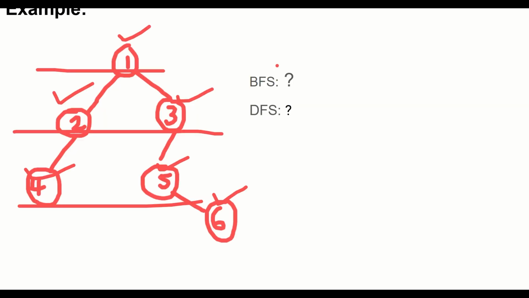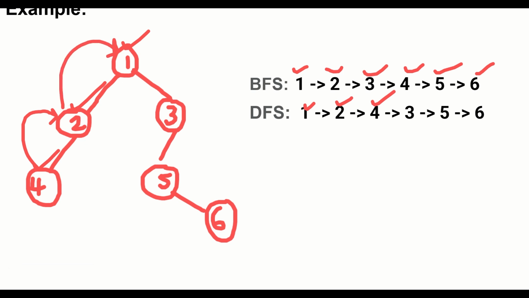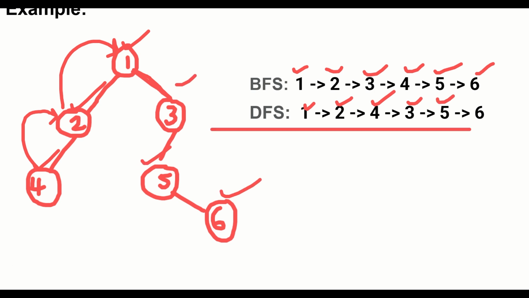DFS is depth wise. You check 1, next you go to the next one, depth of 2, which is 4. Now you do something called a backtrack. Check for the nodes to the right. There is no right node, so backtrack again, go to the root, and now we go for the right side: 3, 5 and 6. This is BFS and DFS.